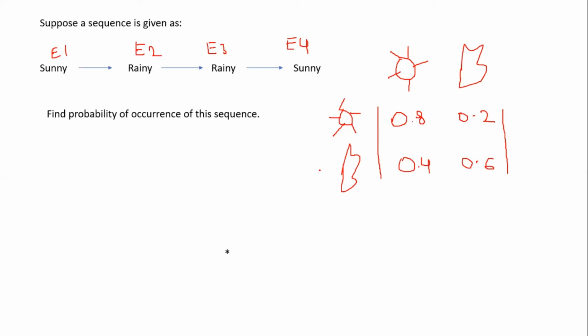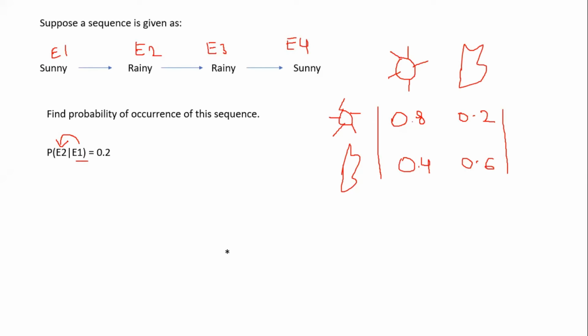Okay. So now our task is to first find the probability. Let us take P of E2 given E1, the probability of occurrence of event E2 given event E1. That means E1 is a sunny day. So what are the chances for event 2 to become a rainy day? Right?